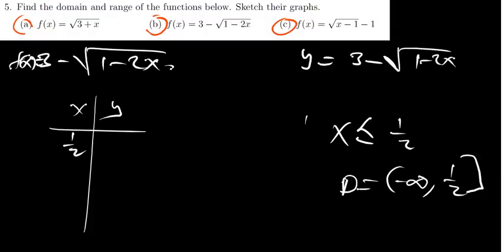So if I put half where there's x, you are going to see that in the square root, the 2 and 2 will cancel. I'm going to have 1 minus 1, which is 0. The square root of 0 is what? 0. So it's going to be 3 minus 0, which gives me 3. Is that okay?